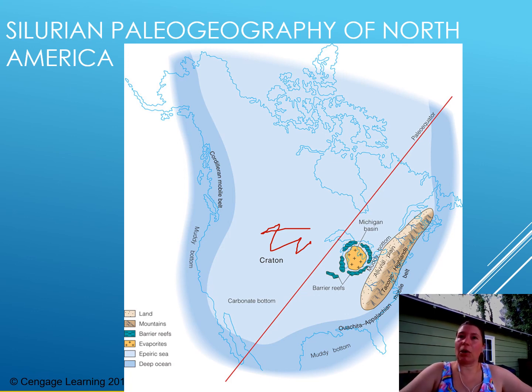So this creates a salt basin, and that's kind of neat. We see a lot of reef deposits elsewhere. We have these barrier reef structures, very large, hard ground reef structures, but then we have a bunch of salt in the middle.